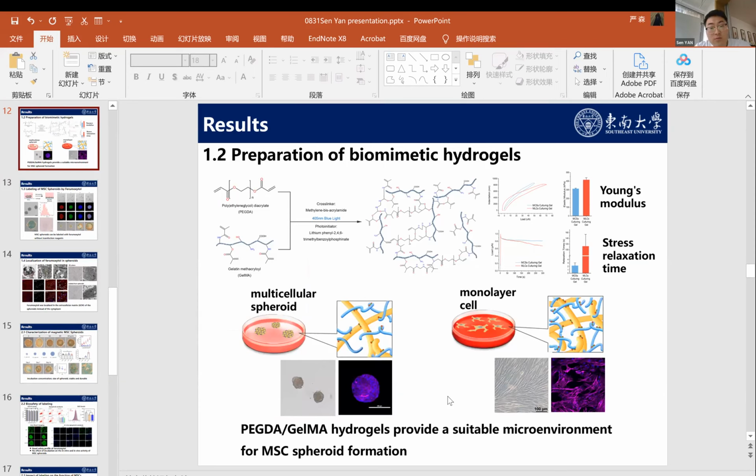When preparing hydrogels, I designed two types, and in these two types of hydrogels, MSC showed different behavior, and we controlled the Young's modulus and stress relaxation time, and we chose the suitable elements for cells to form multicellular spheroids.